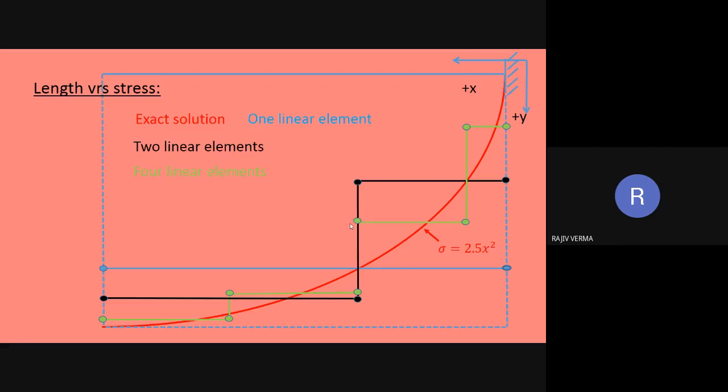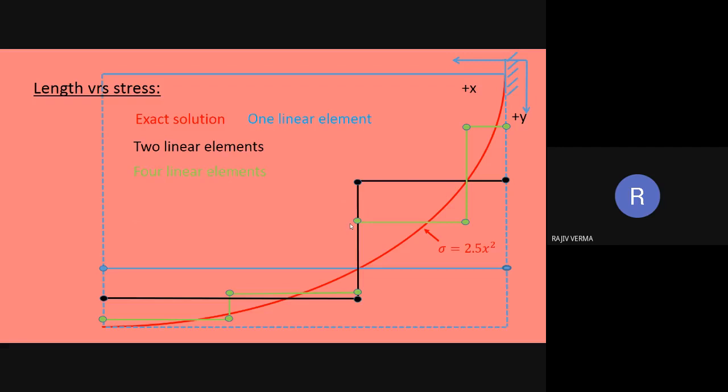On the left we have a smaller value of stresses, on the right we have a larger value of stresses. So when we are talking about a 4-element solution, there are going to be 3 locations of stress discontinuities. And as you go on refining the domain, you can see that this stress discontinuity goes on decreasing.